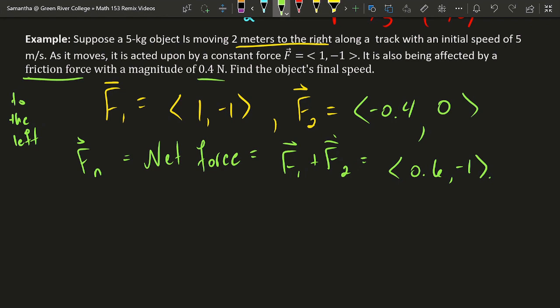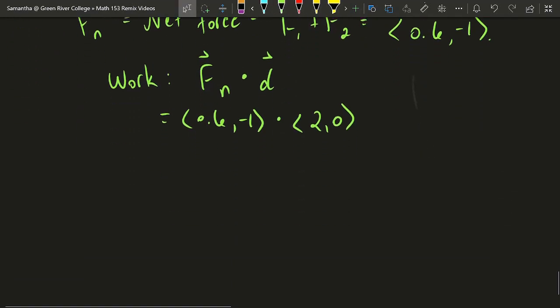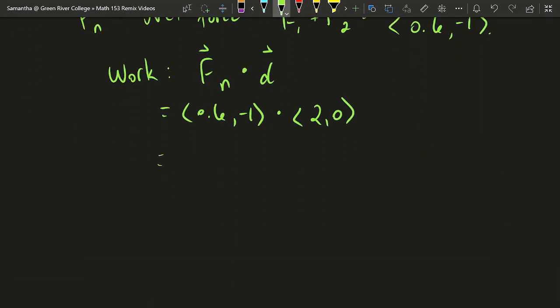Now, if I look at the work done by that net force, by the combination of all those forces acting on this object as it moves, that can be found by using the dot product of our net force with our displacement vector, 2 meters to the right. So that quantity would be equal to 1.2.